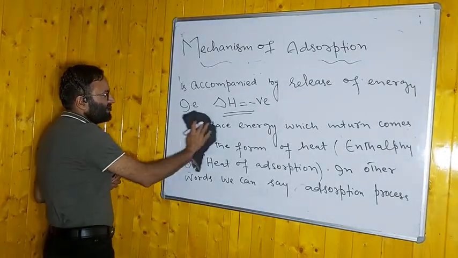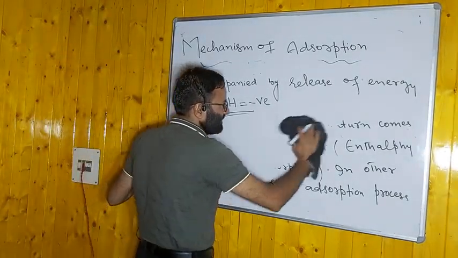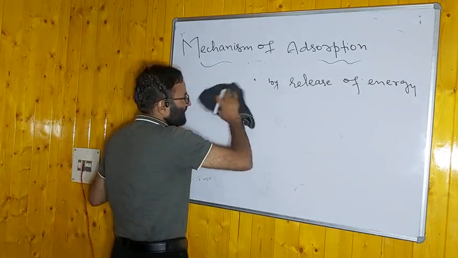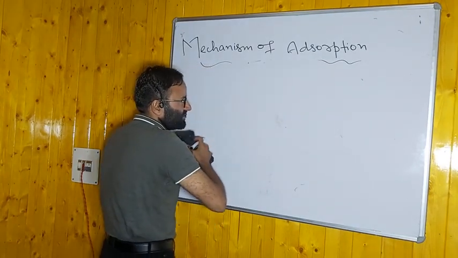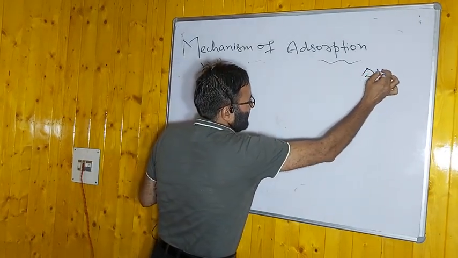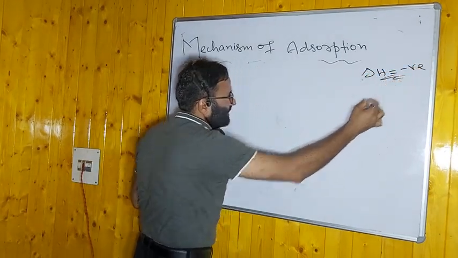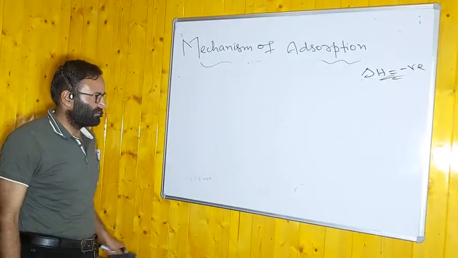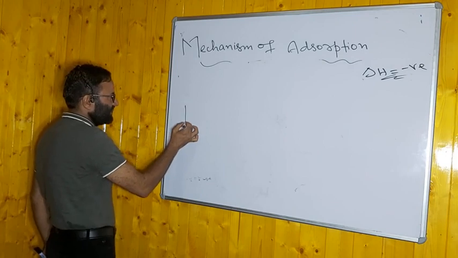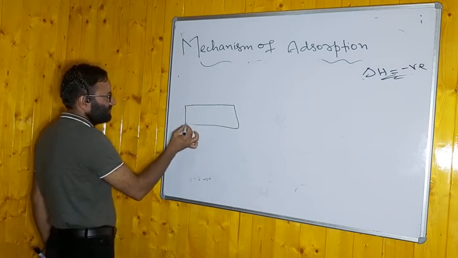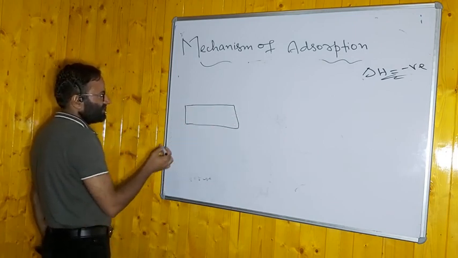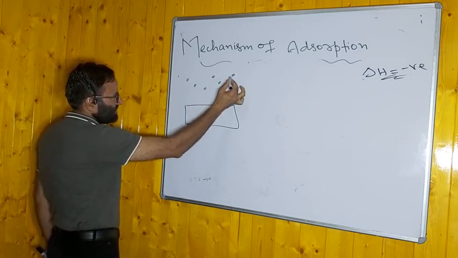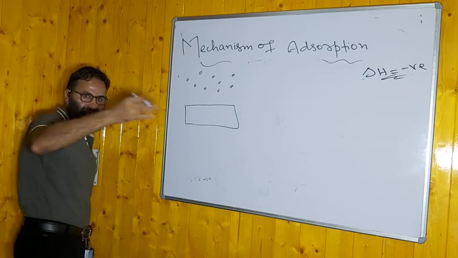Now we will see the entropy change. This was the effect on delta H during adsorption. Delta H is negative. Now, during adsorption, what happens? For example, if you have the adsorbent surface, and we have the gas particles, adsorbate molecules, they are randomly free.